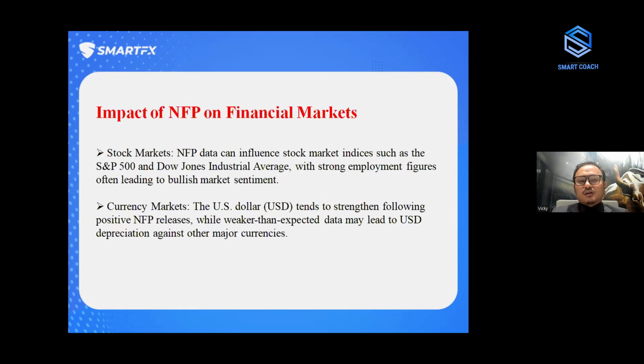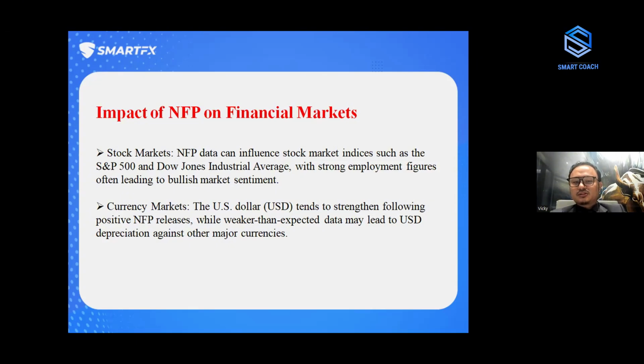Anyways, let's talk about the impact of NFP on the financial markets. First, the stock markets. NFP data can influence stock market indices such as the S&P 500 and Dow Jones Industrial Average, with strong employment figures often leading to bullish market sentiment.